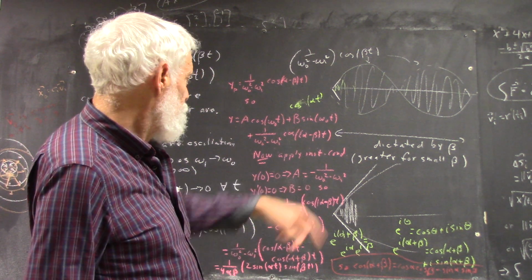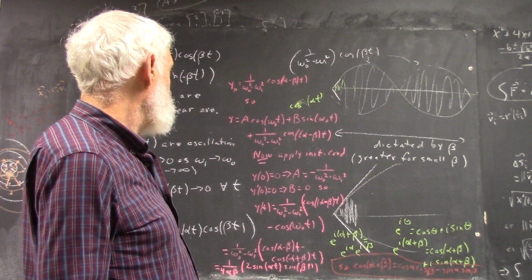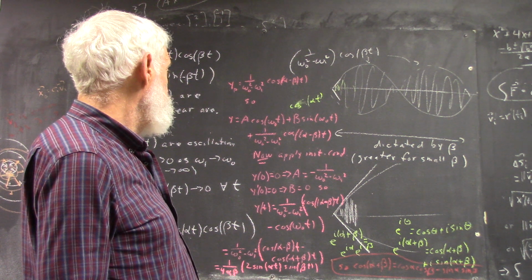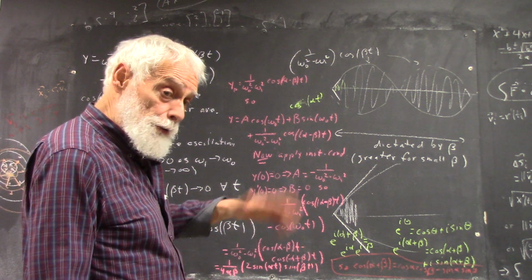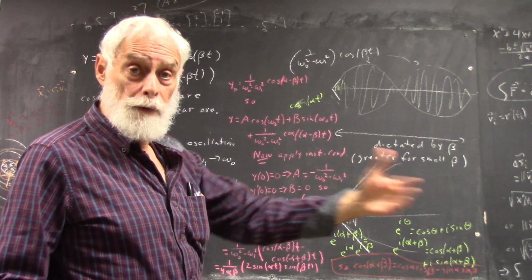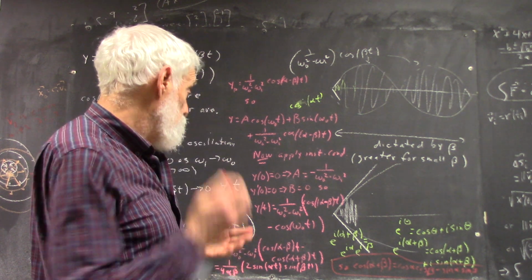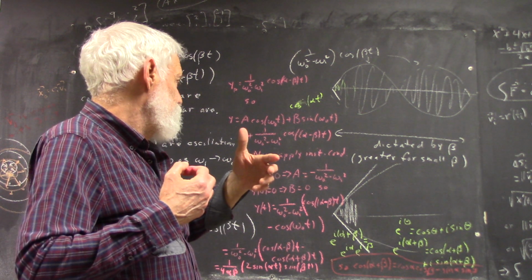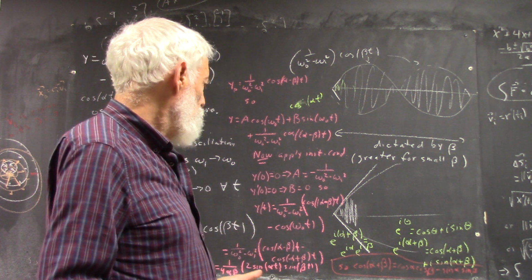Okay? Now I'm questioning the sign of the beta there. Yeah, that's right. Okay, go back to the definition of the alpha and the beta. You see if you do alpha minus beta, you do get a positive cosine of omega t.